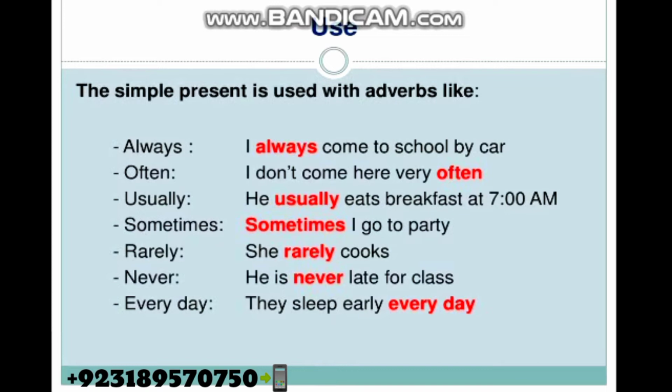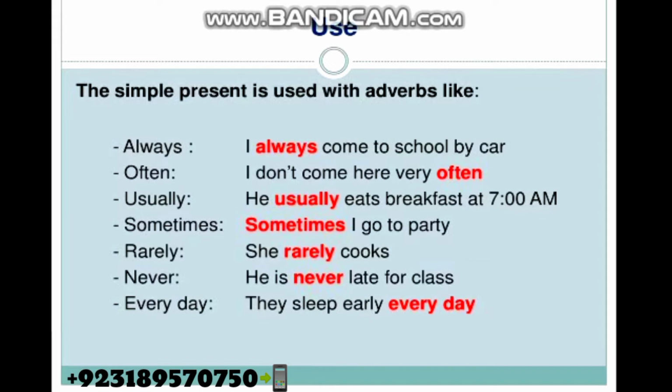I don't come here very often. So here often is what? Often is an adverb. He usually eats breakfast at 7 a.m. Sometimes I go to parties. She rarely cooks. He is never late for class. They sleep early every day. So always, often, these all are adverbs.